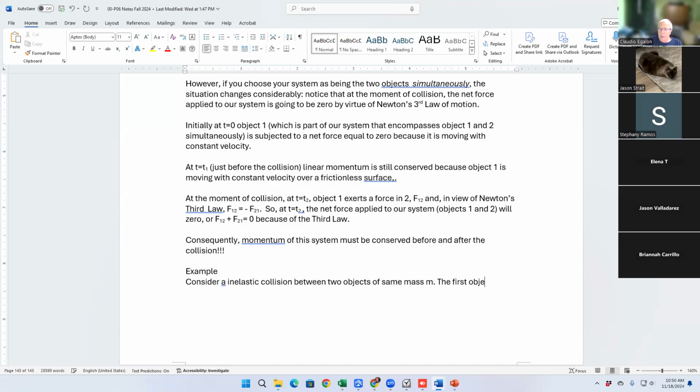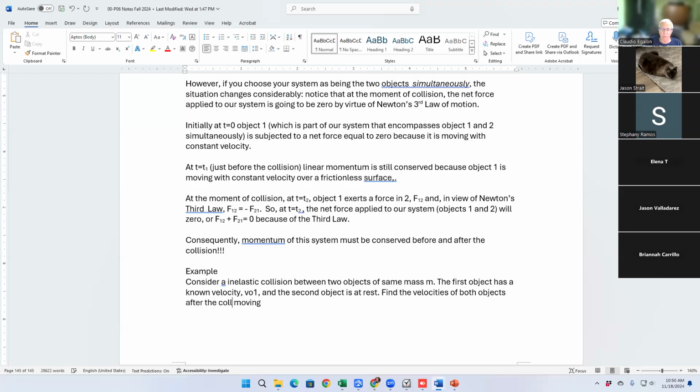The first object is moving with a known velocity, v01, and the second object is at rest. Find the velocities of both objects after the collision.